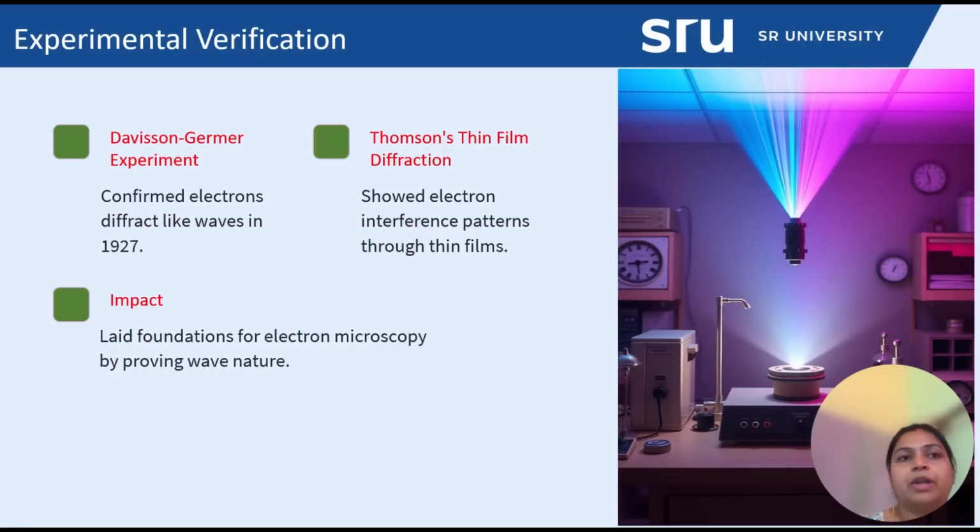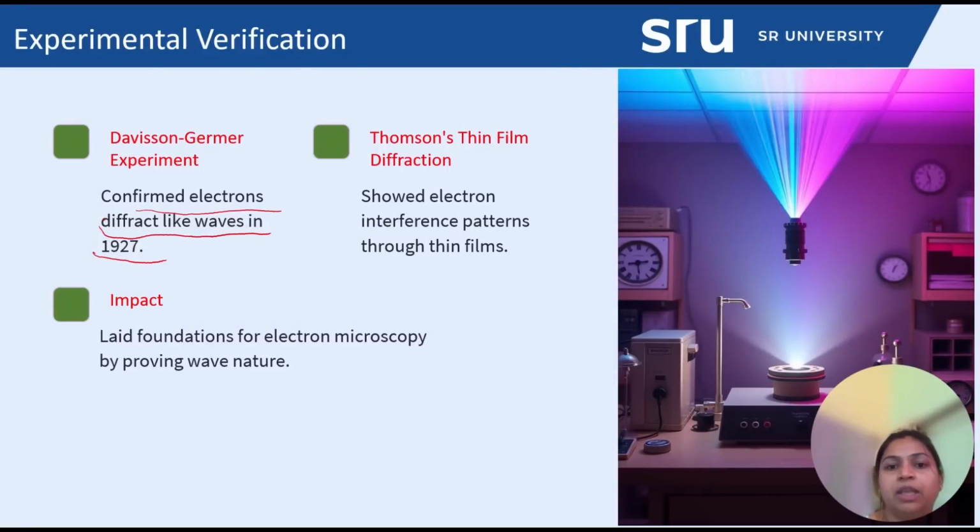So now we need experimental verification of this matter wave, or de Broglie hypothesis. Basically, there are three major experiments. The Davisson-Germer experiment confirmed that electrons diffract like waves in 1927.